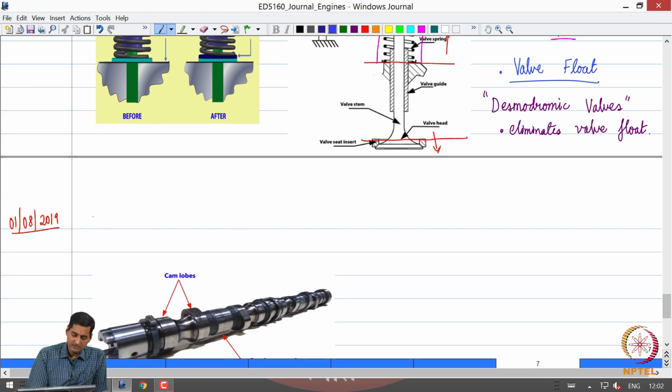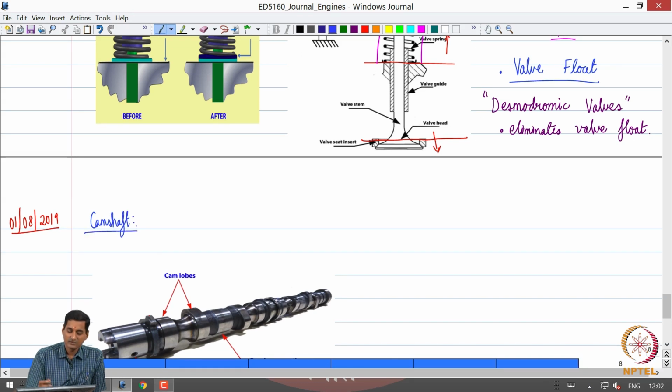Let's start today's session by first looking at the camshaft. So the camshaft is also a component which is typically installed in the cylinder head.